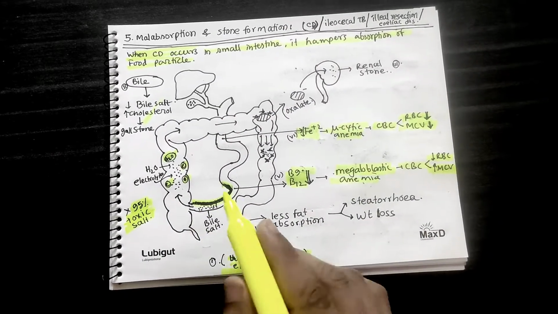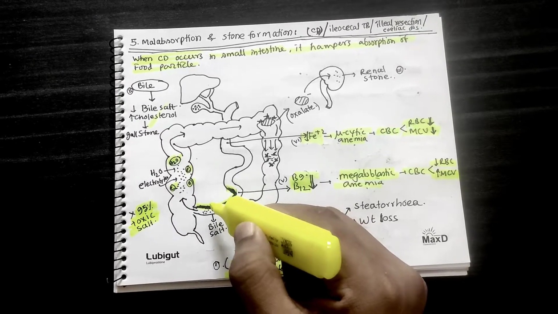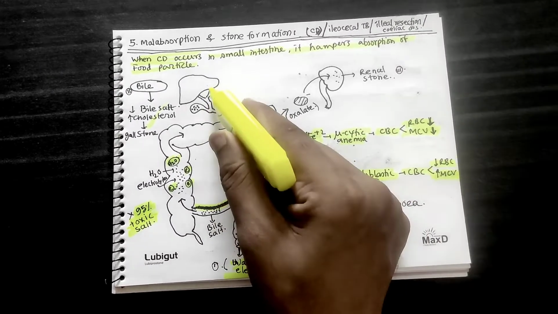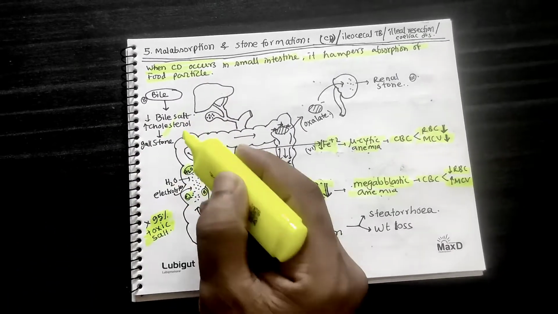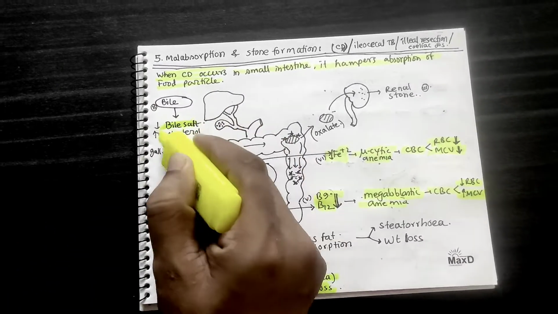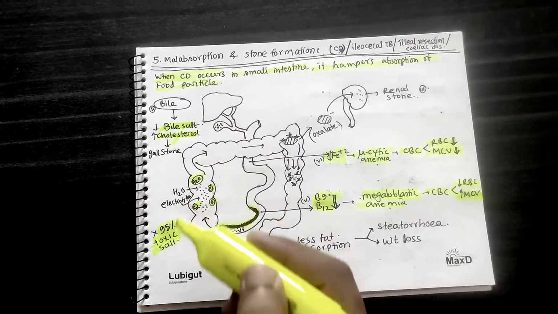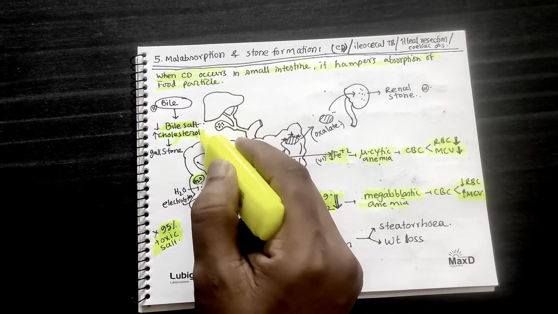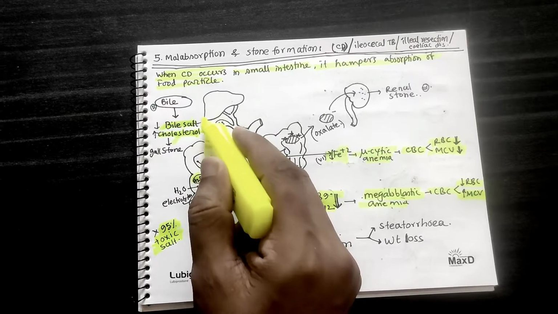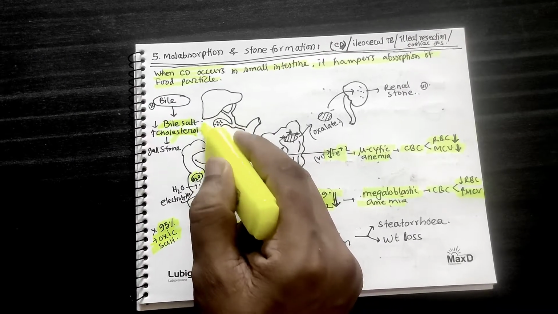Number 2. Usually bile salt goes into the liver by enterohepatic circulation, and we know that in the bile there is bile salt and cholesterol. They remain at 1:13, like 1 bile salt for 13 cholesterol.